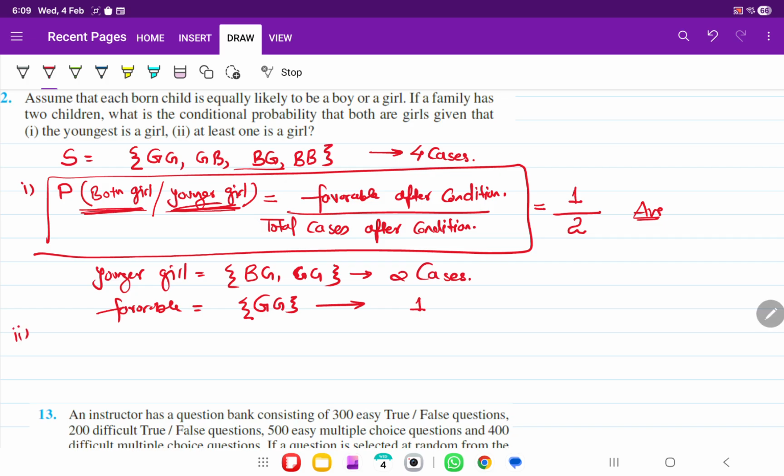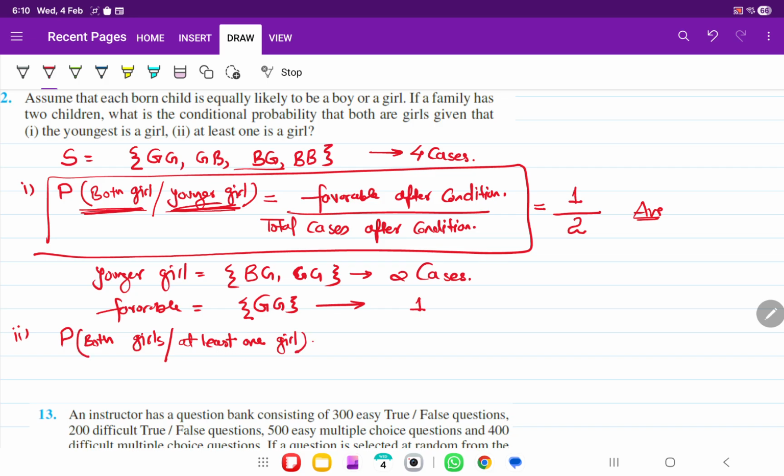See it carefully. They want the probability that both are girls, and what is the condition? That at least one girl. See it carefully.